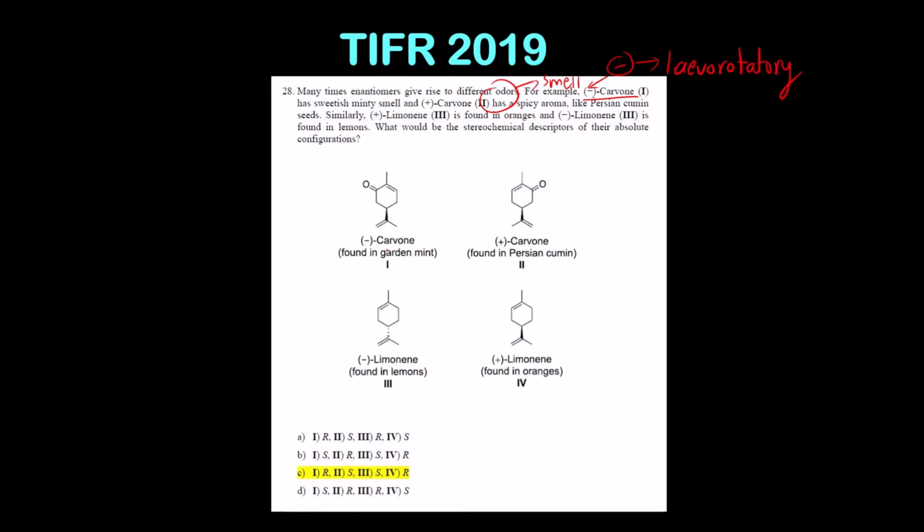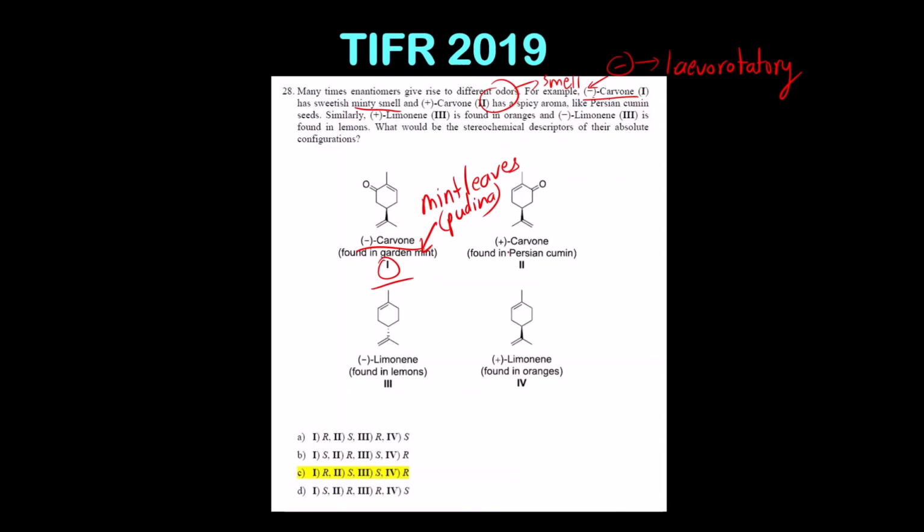Minus carvone, that is structure 1, has a sweetish minty smell. Minty smell means the normal mint leaves or the pudina that we get, the smell of that is nothing but because of this compound, that is minus carvone or levorotatory carvone.